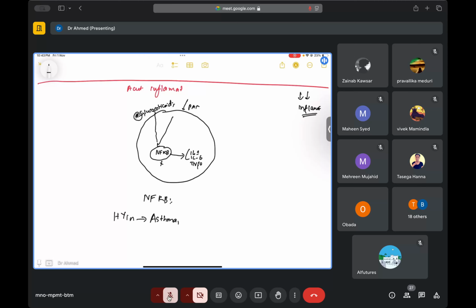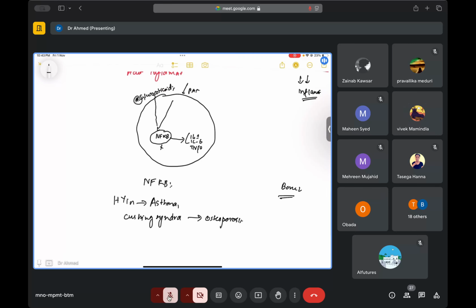If I am giving a lot of glucocorticoids, it can cause Cushing syndrome. And secondly, what's the effect of glucocorticoids on your bone? Osteoporosis. Perfect.